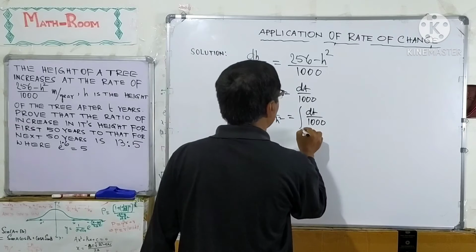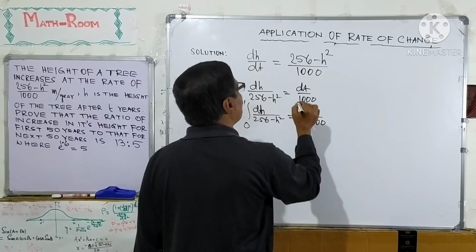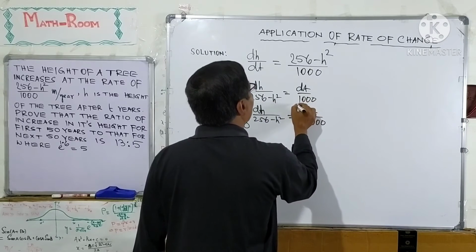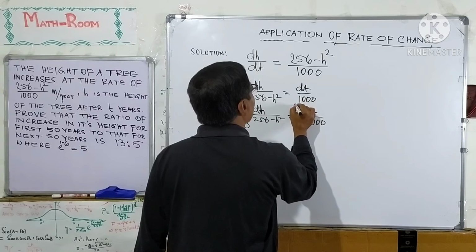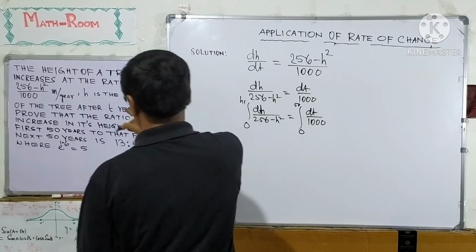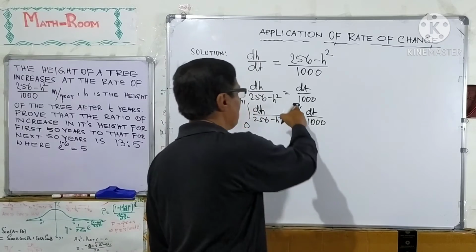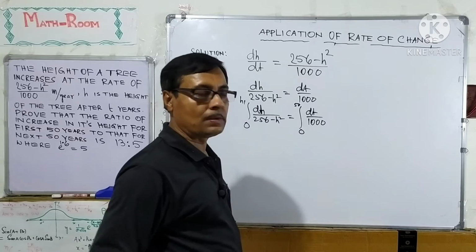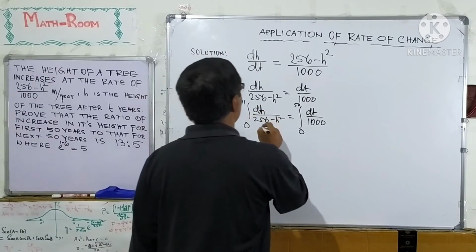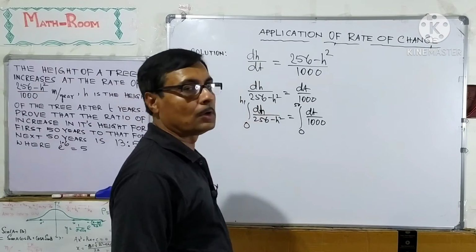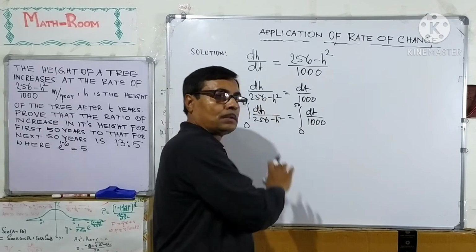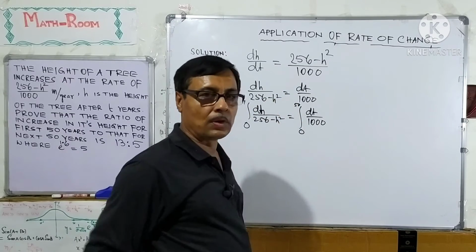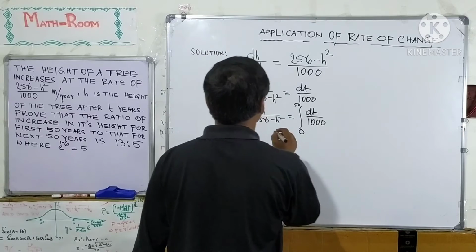The initial time is taken as 0 and the final time is 50 years, for the first 50 years. These are the two limits of h and t. We can put the formula of this integral, which is well known to us.